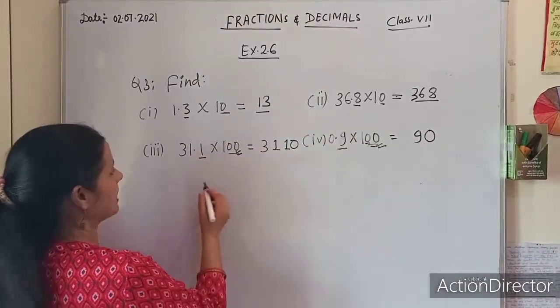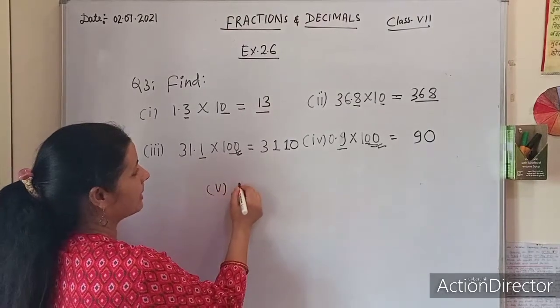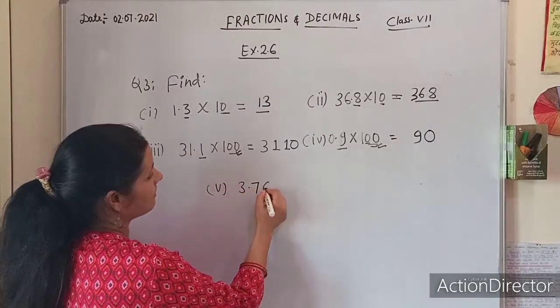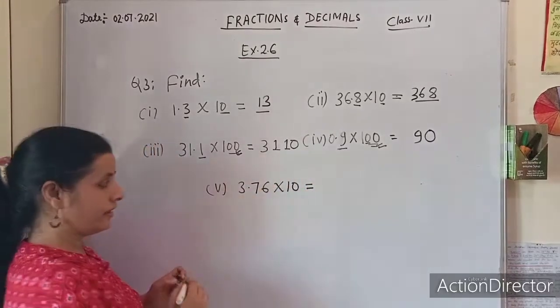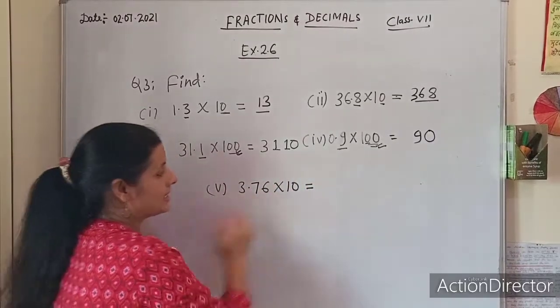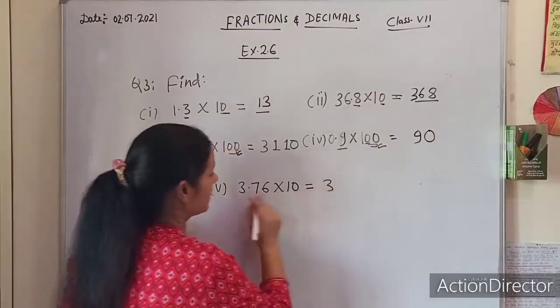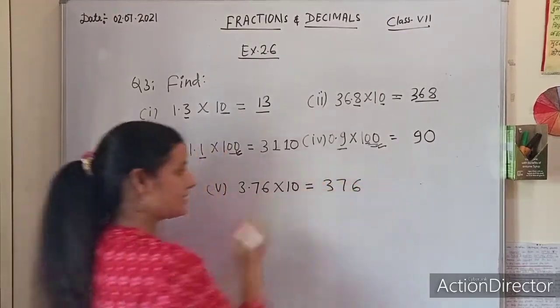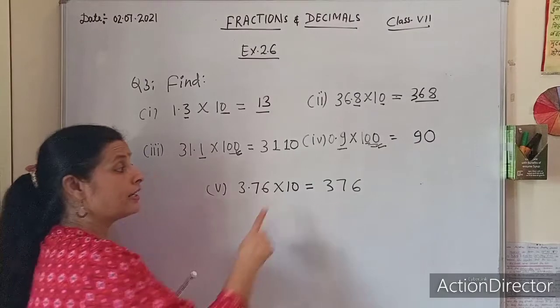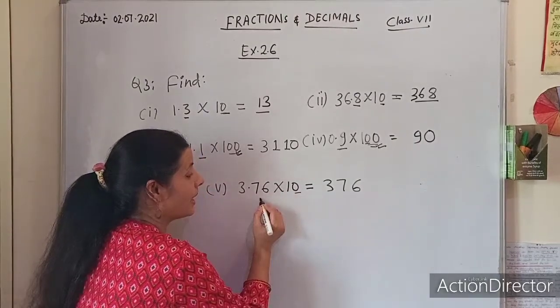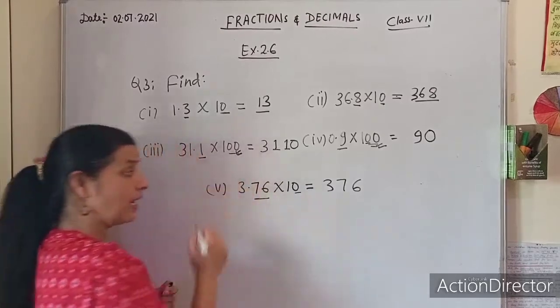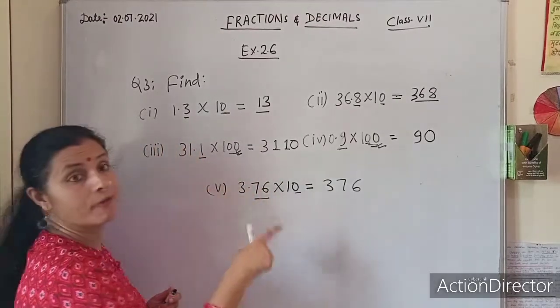Okay, let's see one more example. For example, we have the number 3.76 into 10. First I will write that number: 376. Now you can see that there is only one 0, while there are 2 digits after the decimal.